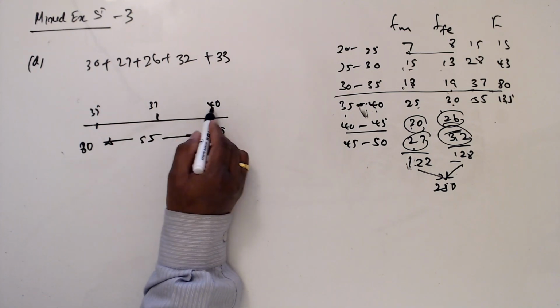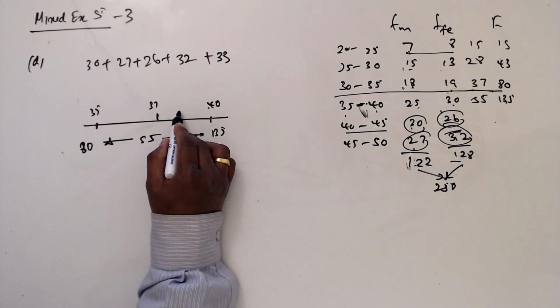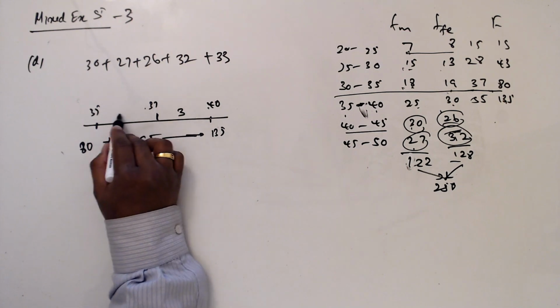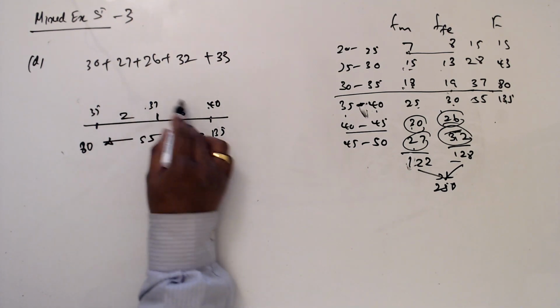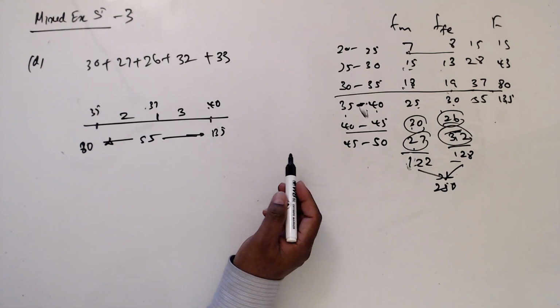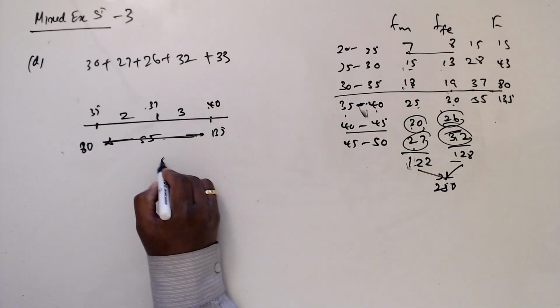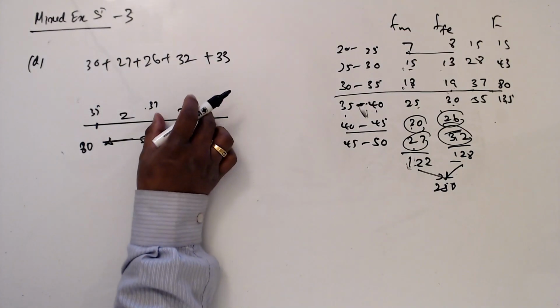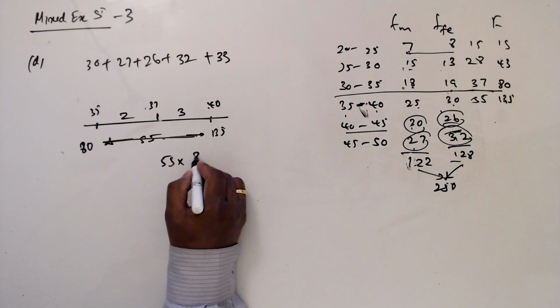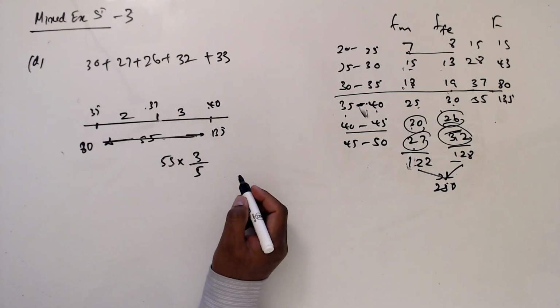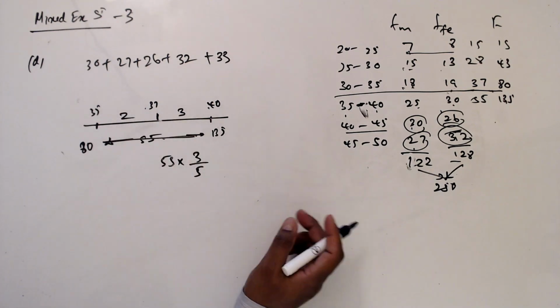Okay, I will do like this. 40 minus 37, that is 3. So now we have to divide this 55 into, if I need this area, 3 out of 5. If I need this area, 2 out of 5.